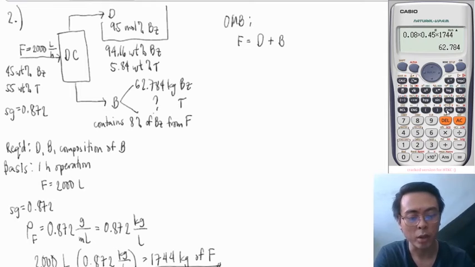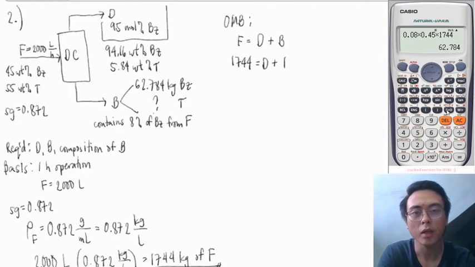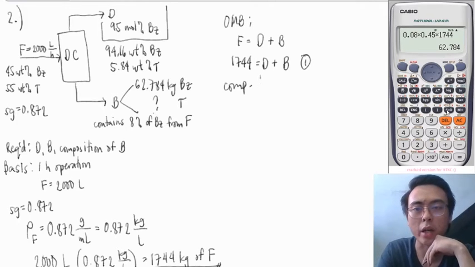Okay, going back to the OMB, you have F equals D plus B. We already know F, so this equation becomes 1,744 is equal to D plus B, equation number 1. Next, component balance. What component is the easiest to balance in this case?